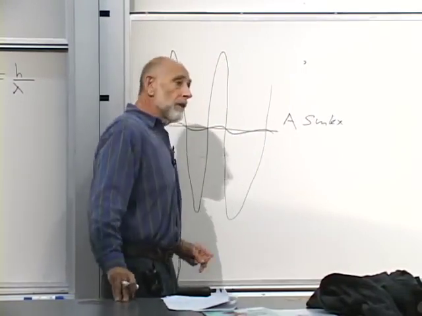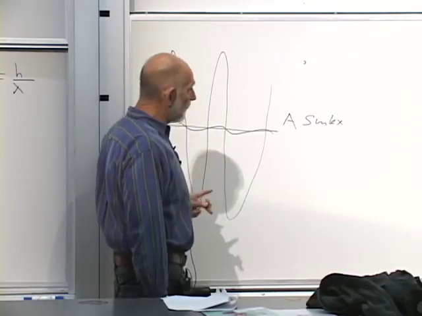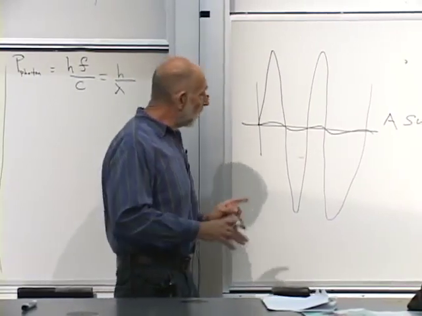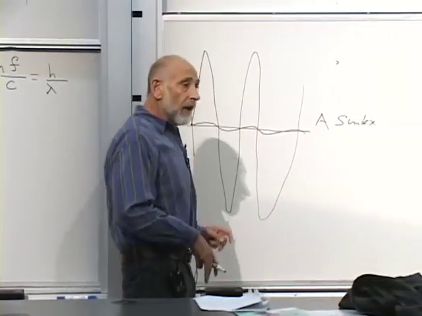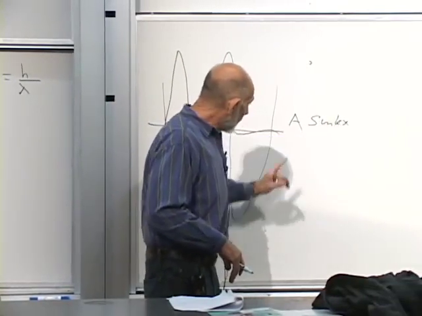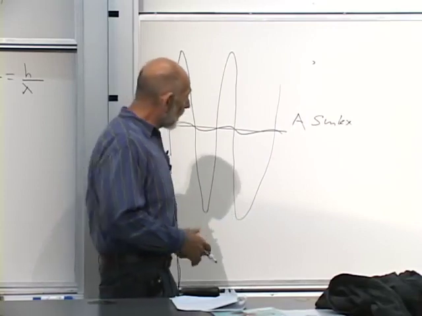Okay, the answer is the following. The energy of a wave, now this is a completely classical statement, the energy of a wave is proportional to k times the square of the amplitude.